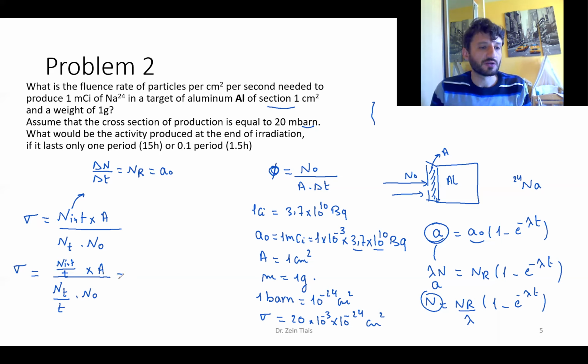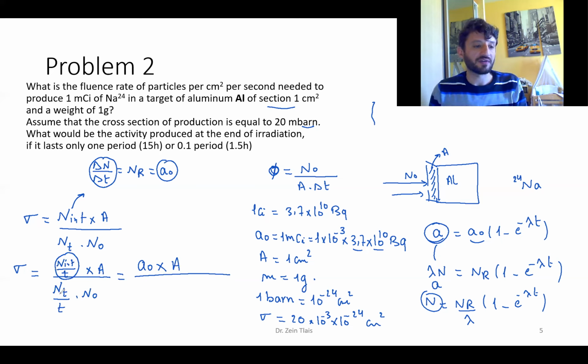So you know, n interaction divided by time is A0. We can say here the activity of production equals A0 times A. And here we have n target, n0 divided by t. We can put this t up here.